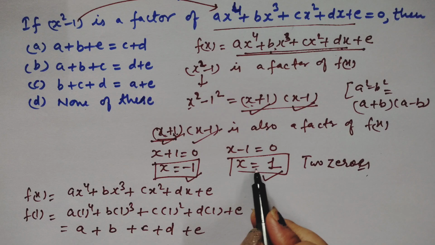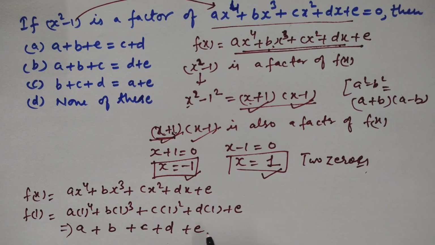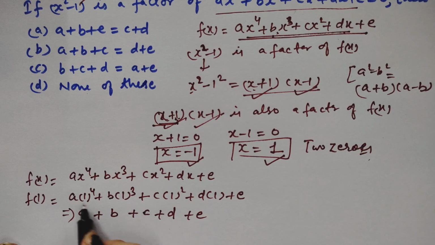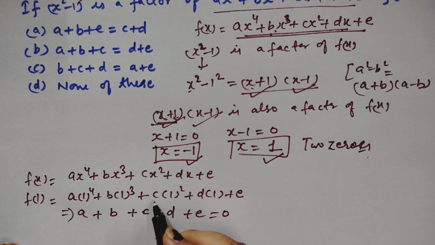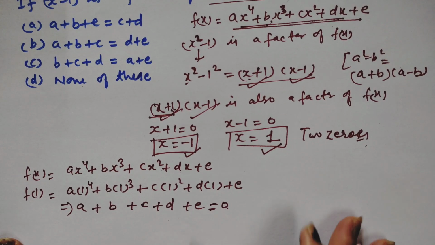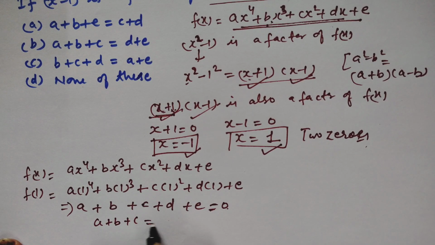If this is a zero of this polynomial, it should be satisfied, so the right hand side should be 0. You can see the result: a plus b plus c plus d plus e equals 0. If d plus e goes to the right hand side, it will be negative.